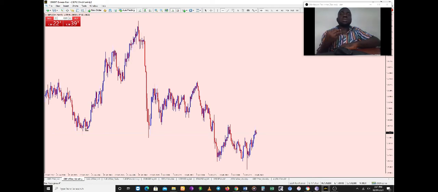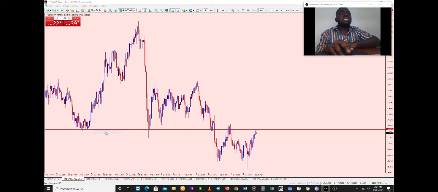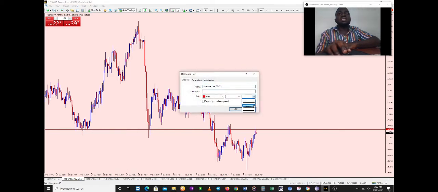That is one important lesson to take out of this video: when you are drawing your support and resistance, you do not consider one thin price, because institutions, even though they are reacting at a very particular price, will play within a zone in order to get the price they want. So when I click this right here, let me quickly increase the thickness of this.